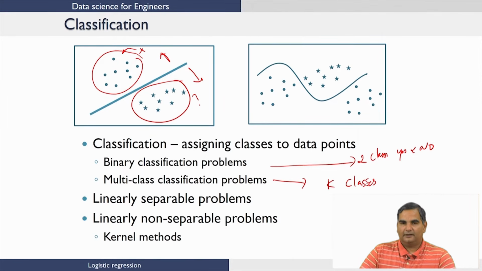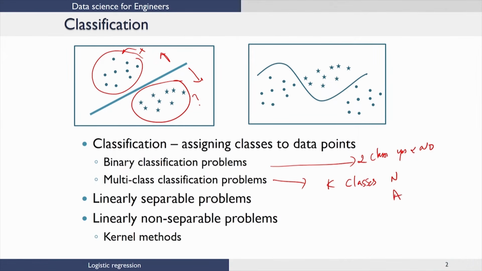A classic example, again going back to the equipment example that we just described: instead of saying if the equipment is just normal or abnormal, you could further resolve this abnormality into several different fault classes, let us say fault 1, fault 2, fault 3. Then if you put all of this together, normal, fault 1, fault 2, fault 3, now you have a 4 class problem.